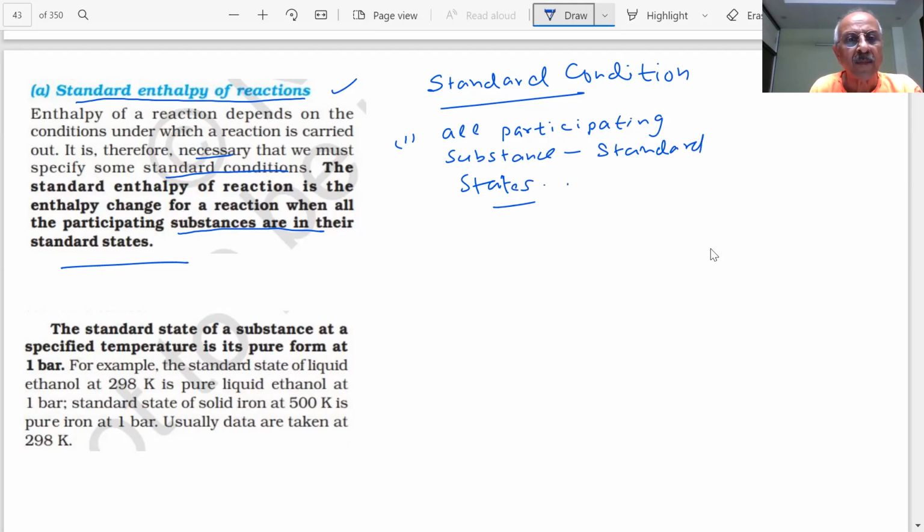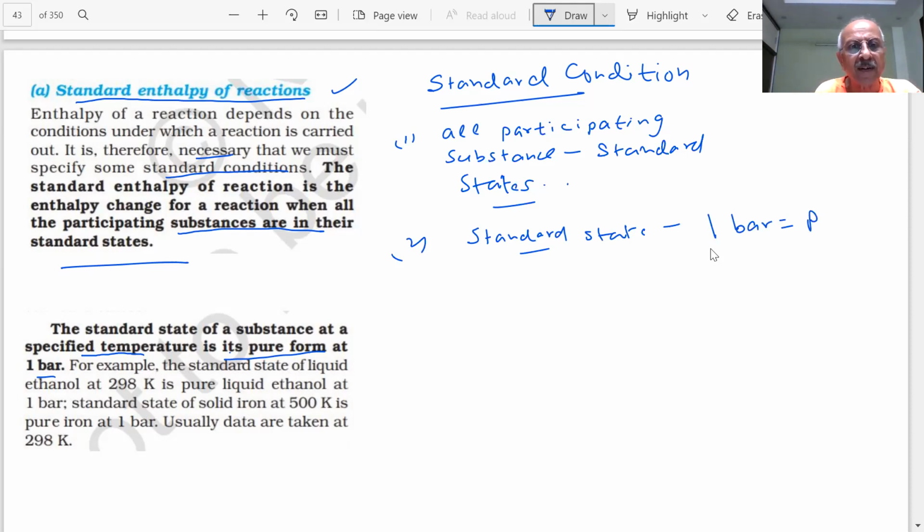Second, the standard state of a substance at a specified temperature is its pure form at 1 bar pressure. At a given temperature it is always measured at 1 bar pressure. Pressure is 1 bar, that is almost equal to 1 atmosphere.